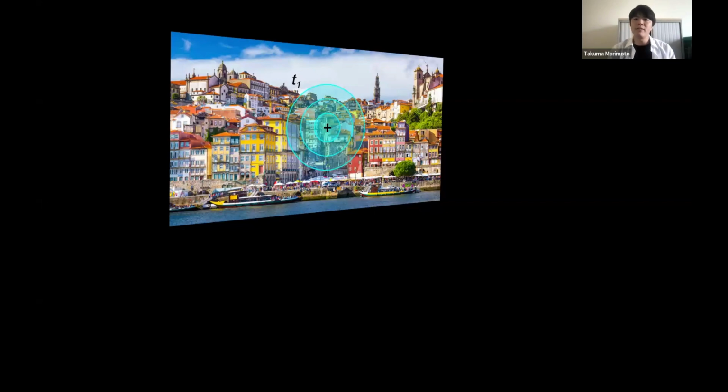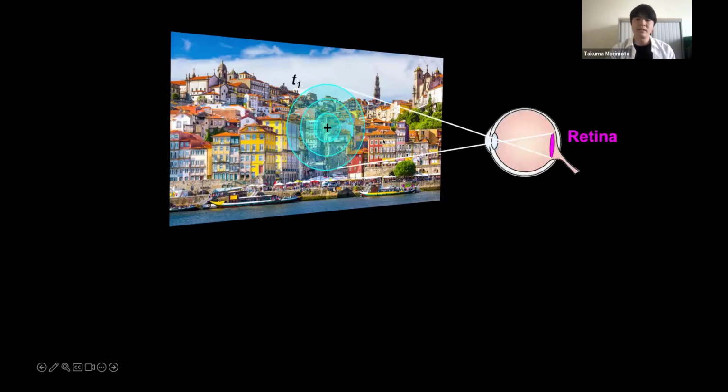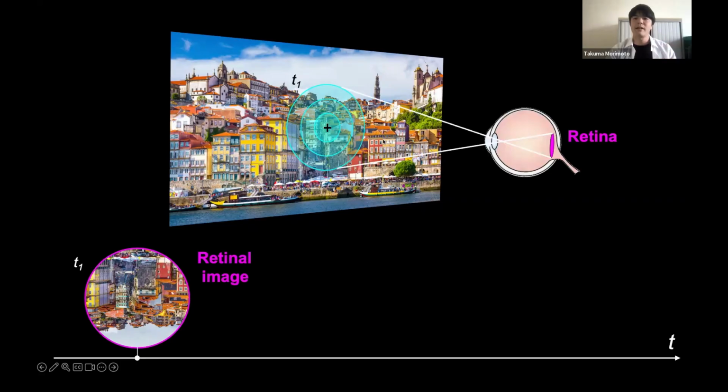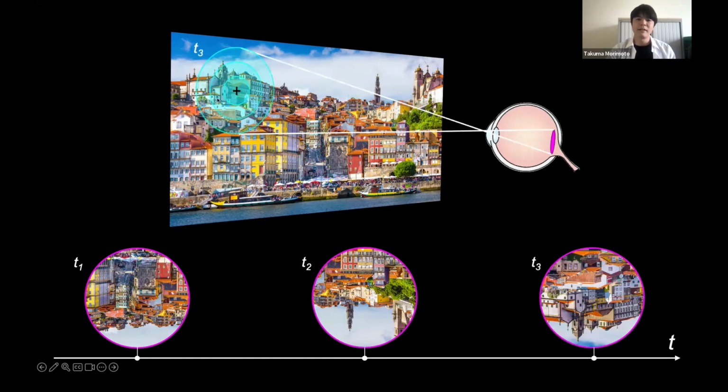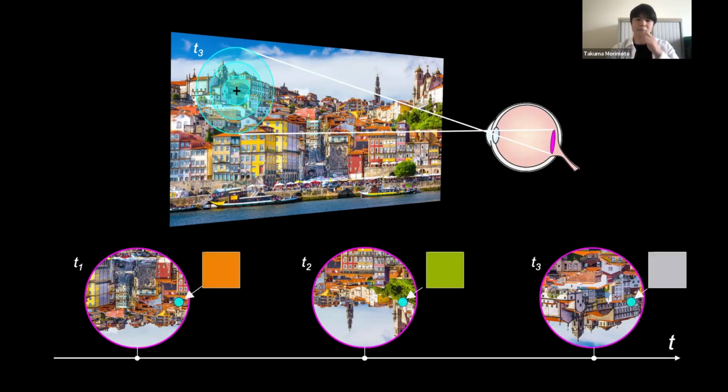So when we look at this point in a scene at time point T1, this part of the scene is projected onto our retina, and the retinal image would look like this. At a different time point T2, a different part of the scene is projected, and T3 like this. If there are cones at the same retinal position, basically they are sampling very different colors over time.